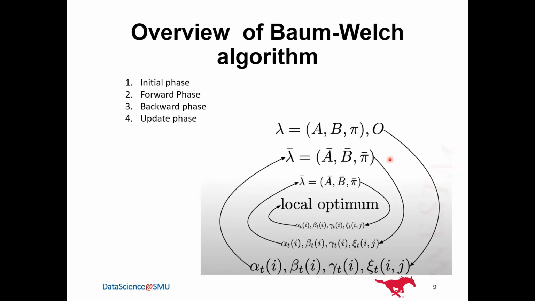This is kind of like gradient descent in a way, in which it's an iterative process. So we can see by doing it multiple times, we're getting closer and closer to the local optima. So you can see here, the forward and backward phase is part of the E step, and the update phase is part of the M step.